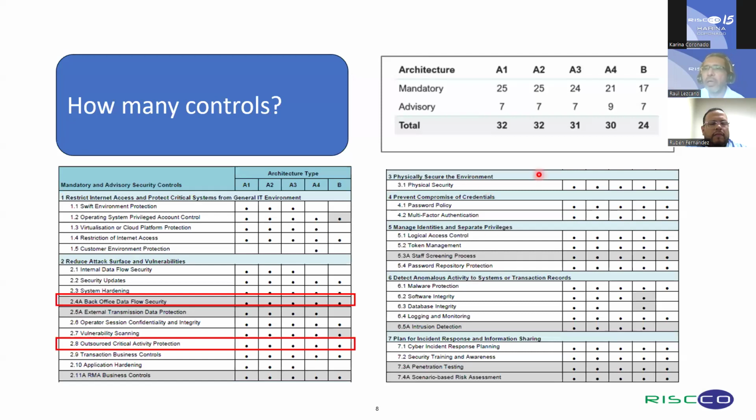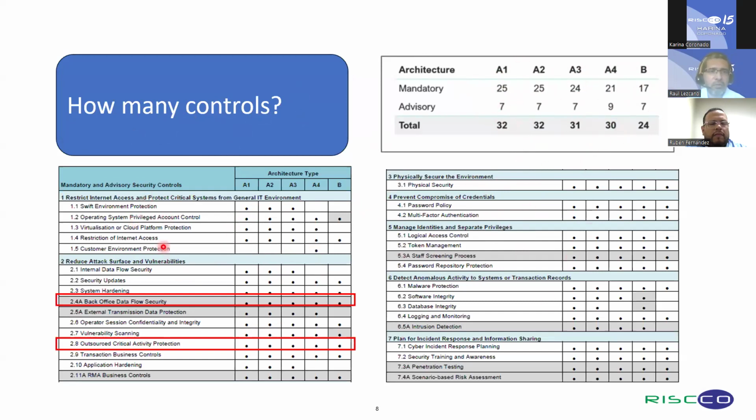In this slide, what we can see is, we have titled this how many controls, because since there are five main architectures for the complexities of different banks, it is not easy to identify and make the separations between these architecture types. In other situations, some controls are different from this table.